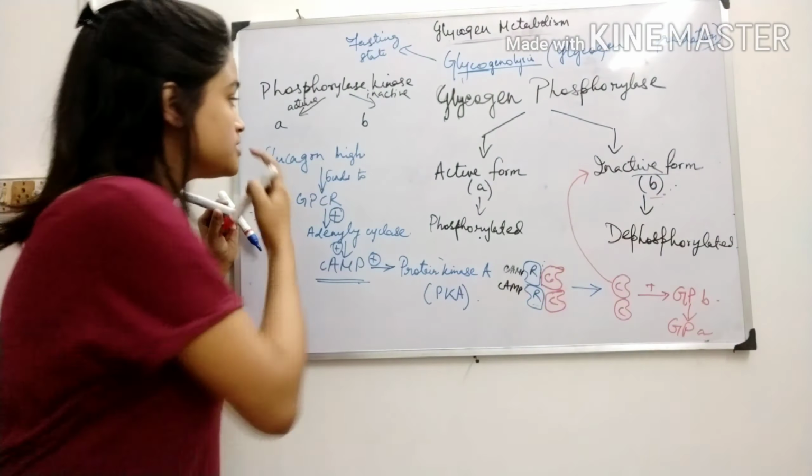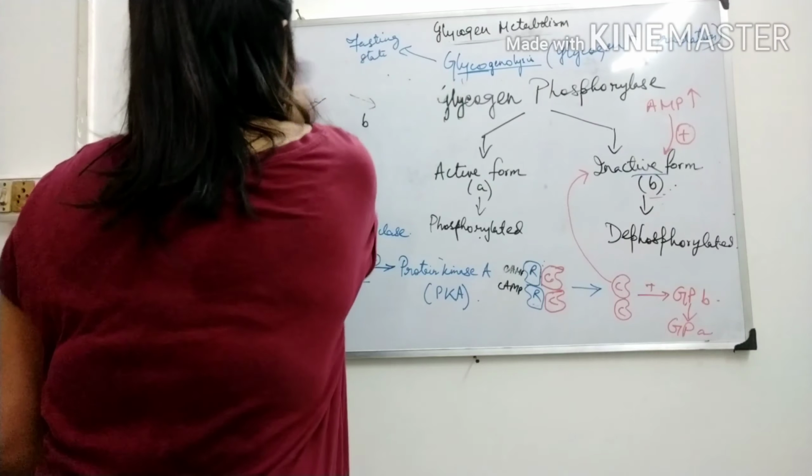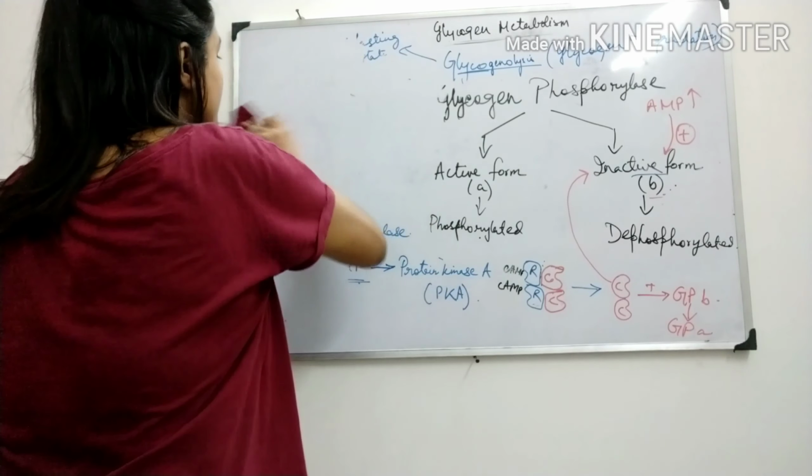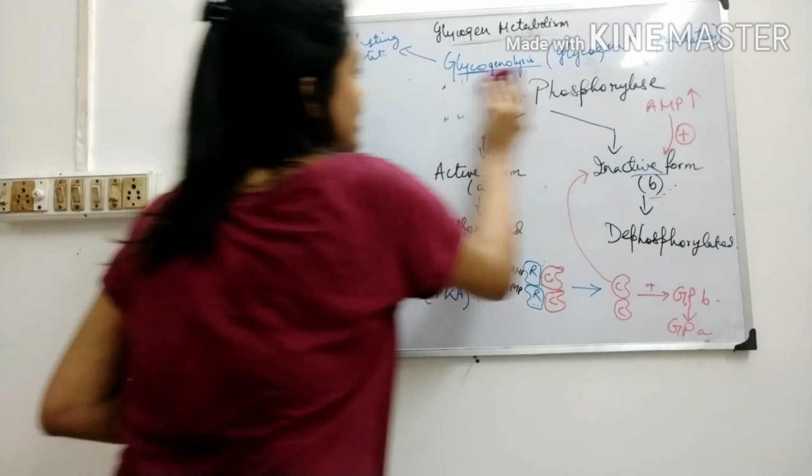Another thing is the activation of these enzymes by the calcium ions. This activation was taking place due to phosphorylation or dephosphorylation. Now one more thing is the activation without phosphorylation. You have muscle phosphorylase kinase.